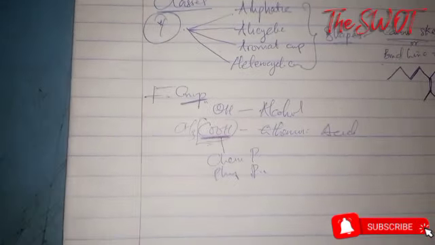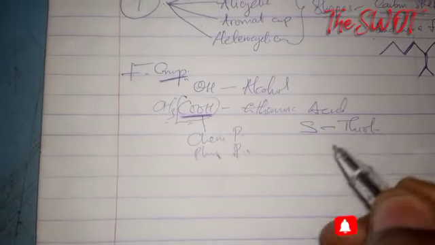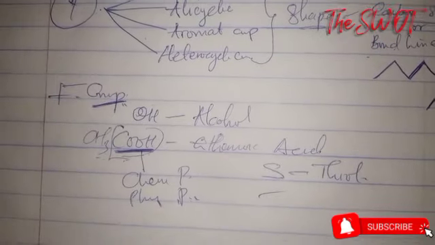We also have amide, and thiol, that's the presence of sulfur. Well, a lot. What we need to understand is just this: I'm trying to bring an introduction to what we need to know.